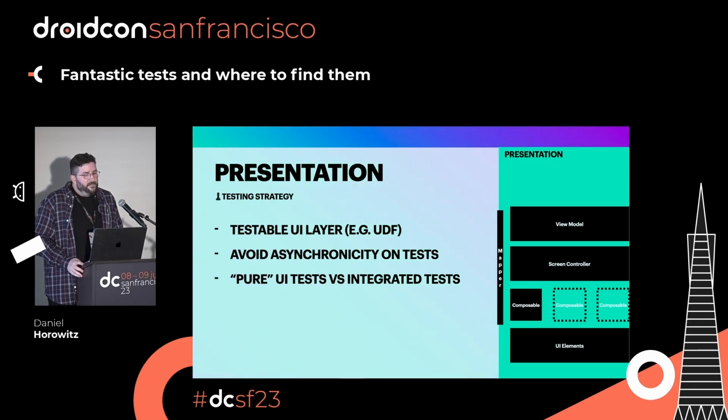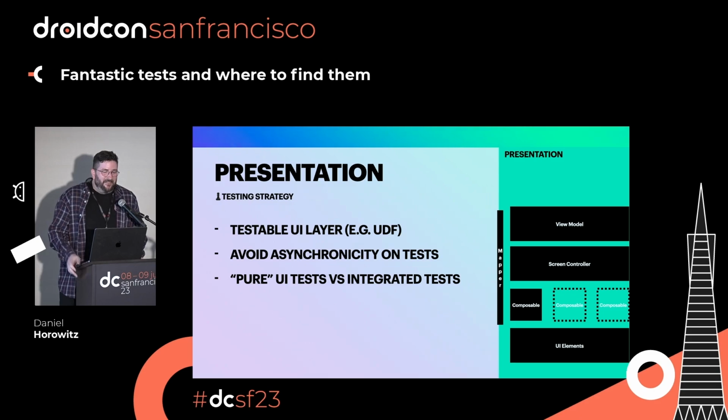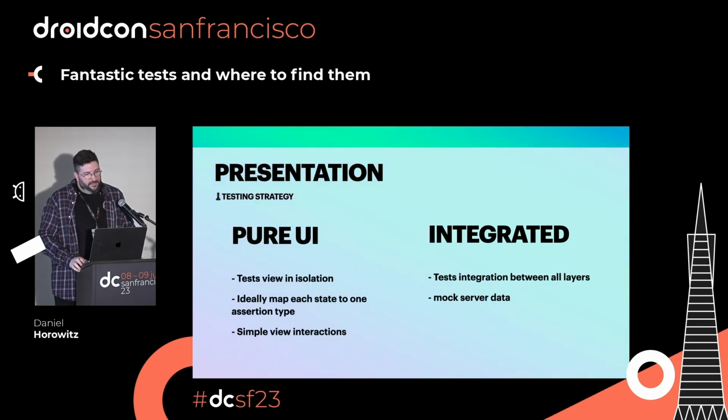So you should try to avoid asynchronicity in the tests, and there are many ways of doing that. In this talk, I will propose having different types of UI tests. I call them "pure" UI tests, so you see it's not really pure, that's why it's in quotes, versus integrated tests. The key concept here is repeatability.